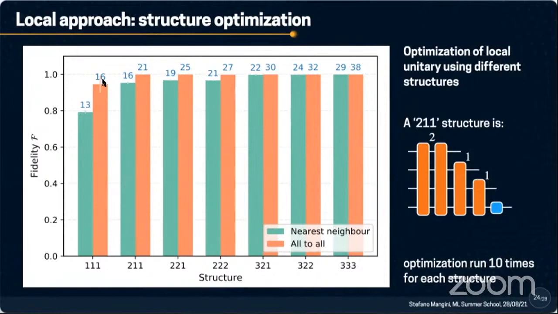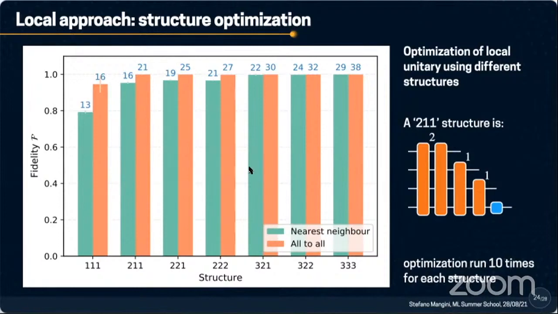And this is due to the fact that the all-to-all entangling scheme pumps more entanglement inside the circuit. And we empirically see that this higher degree of entanglement goes with more powerful flexibility inside this variational approach. But if you also increase the structure, the nearest neighbor entangling scheme also rises in performance.